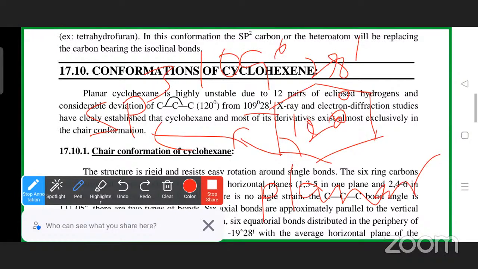This cyclohexane is showing 120, so there is a lot of deviation, a lot of difference.